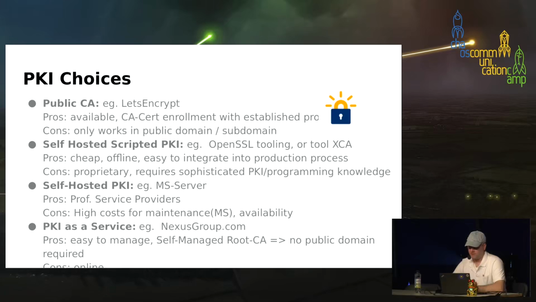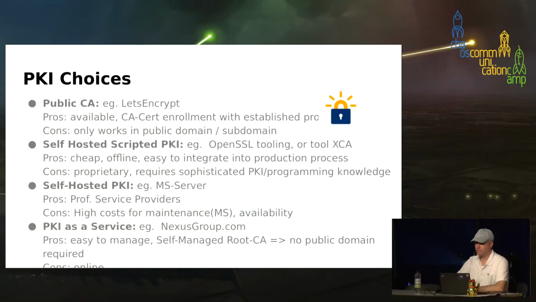But it requires some understanding of what the process is doing and what it's good for, and it requires a lot of knowledge most companies might not have internally. So you could use a self-hosted PKI managed by some professional service provider like a Microsoft Server. But this is a very costly solution.